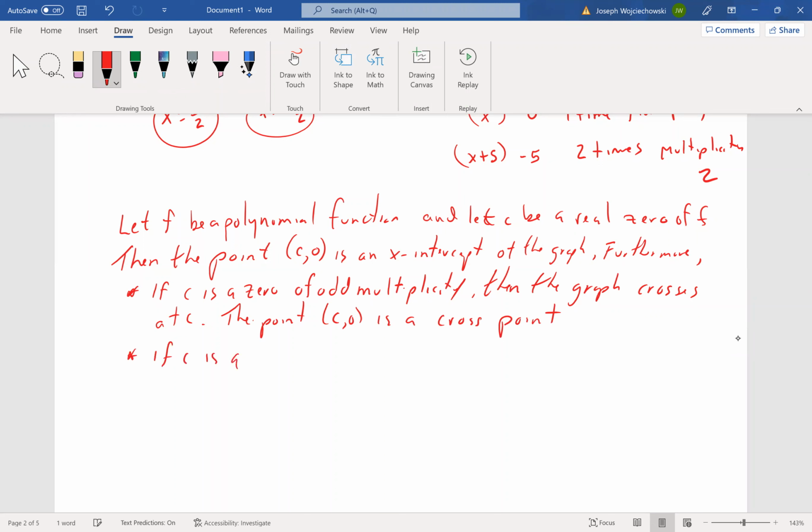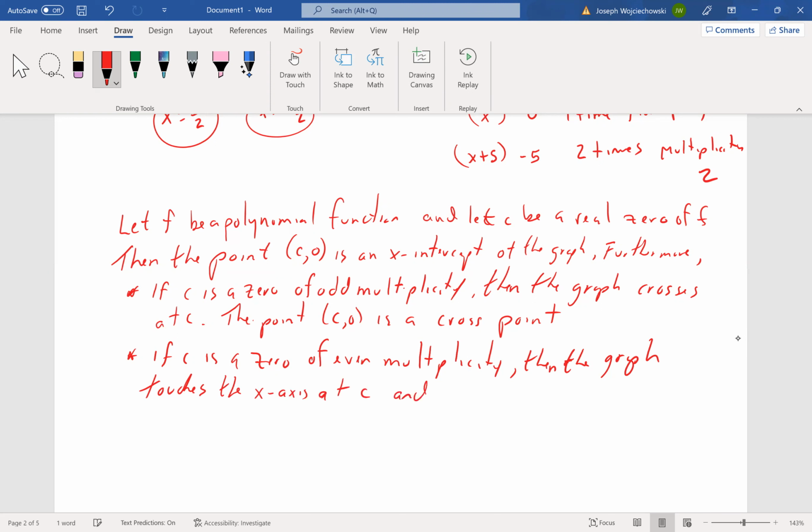If c is a zero of even multiplicity, then the graph touches the x-axis at c and turns back around.